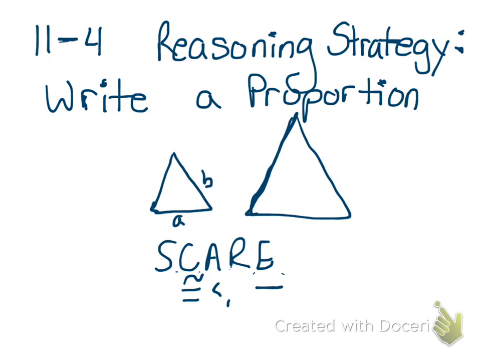This is A over B, this is C over D. So B over A equals D over C. So corresponding side ratios are going to be equal. And the angles are going to be congruent. So I can sweep them. The corresponding locations are going to be congruent angles. So we can go ahead and use this information to solve for unknown side lengths.